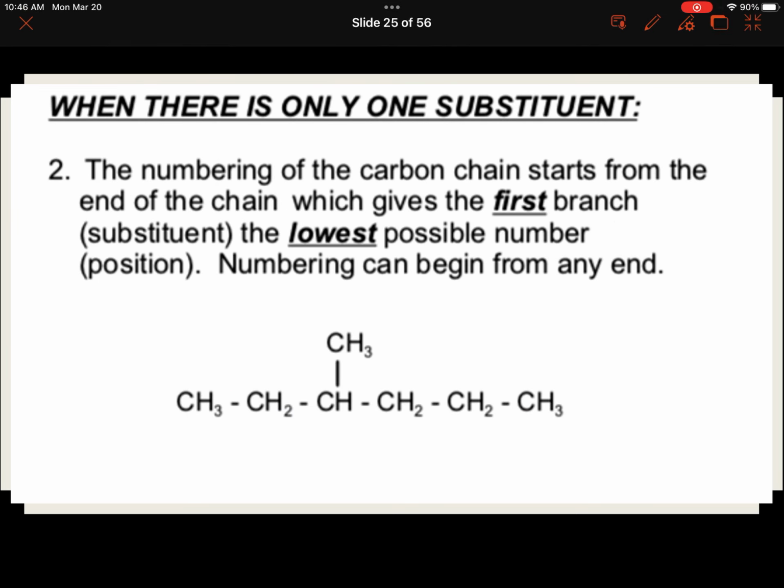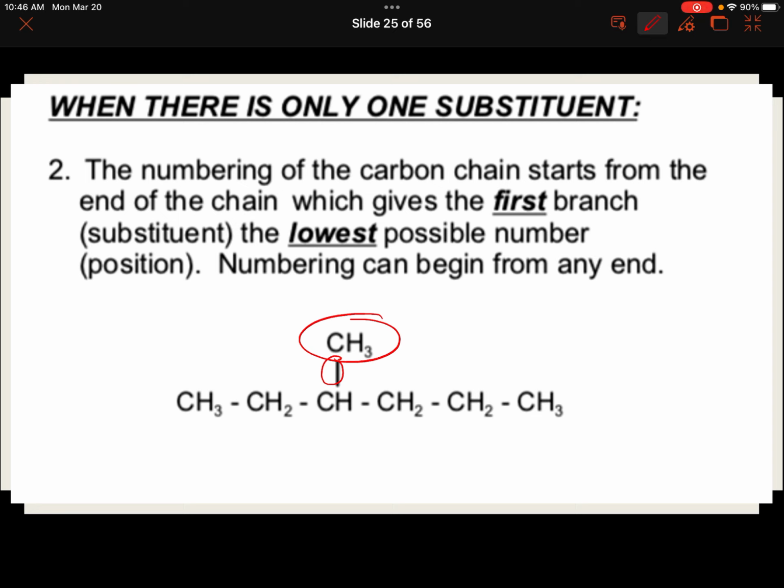In this example here, oops, sorry about that. When there's only one substituent, that means that the numbering is going to be really important. So the numbering of the carbon chain starts from the end of the chain which gives the first branch, which is our substituent, the lowest possible number position. So that first branch is going to help determine the lowest possible number, and then the numbering can begin from any end.